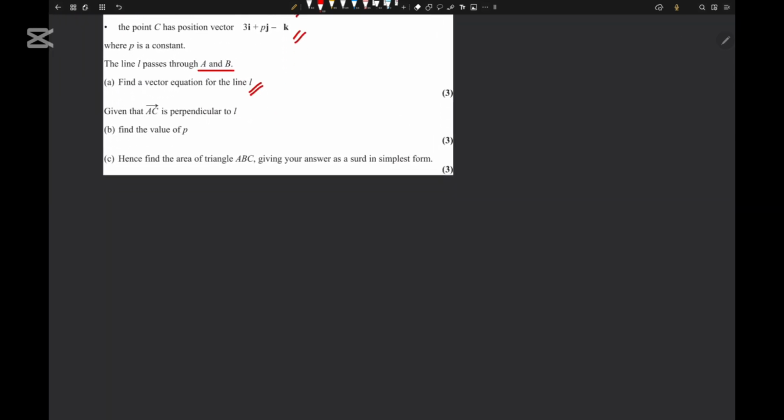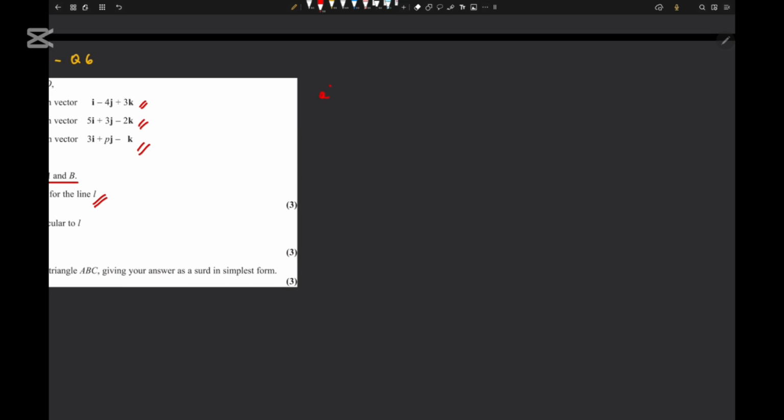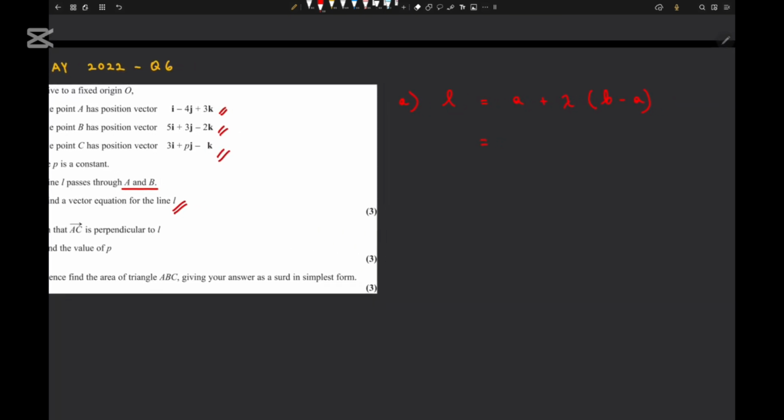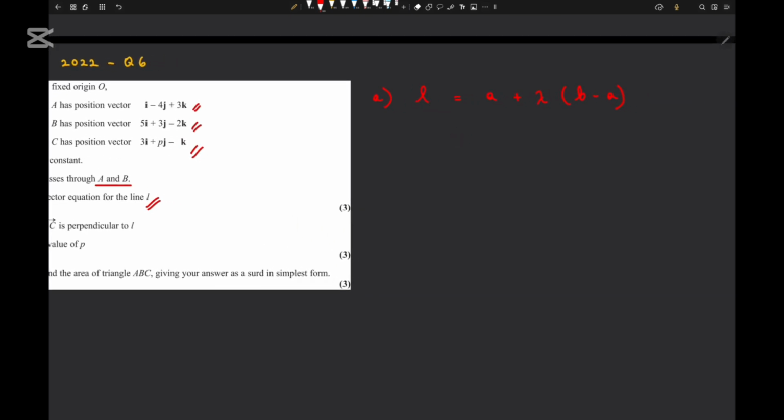So we can write down the equation for line L as L equals the OA vector plus lambda times the OB vector minus the OA vector. So the OA vector is actually 1, minus 4 and 3.